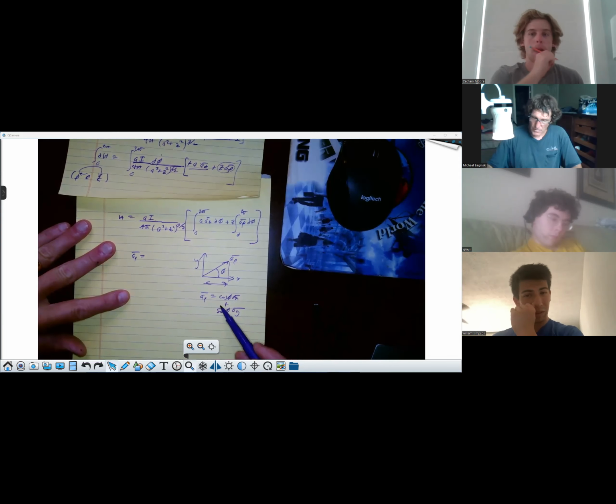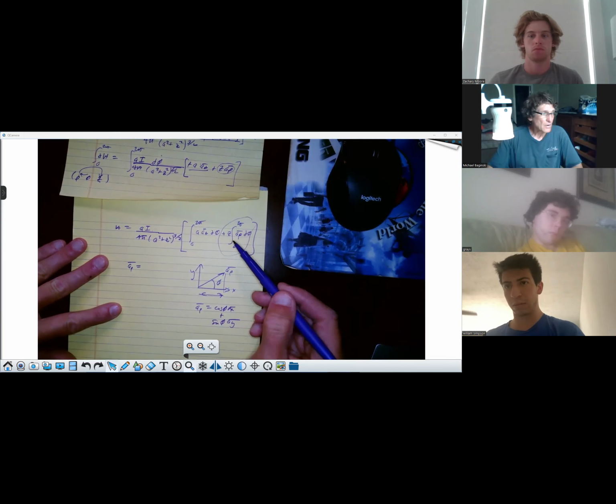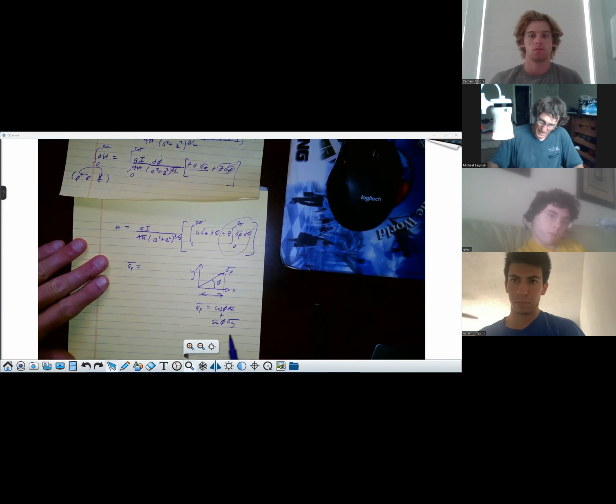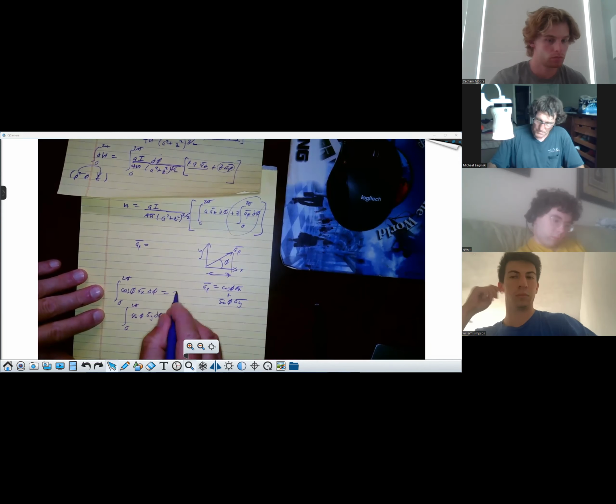Well, if that's A rho, and I just look at this portion of the integral right here, I can see that I have the integral of cosine of phi A x d phi from 0 to 2 pi, and I also have an integral from 0 to 2 pi of sine of phi A y d phi. Both of these are 0.